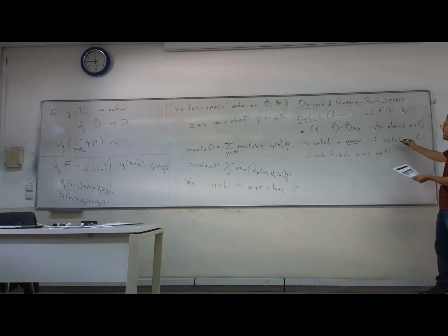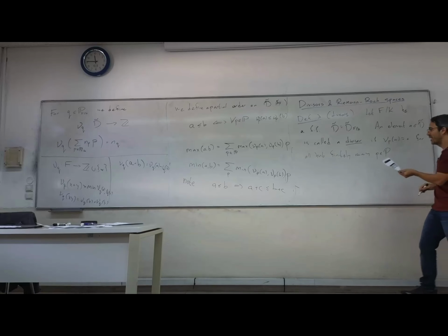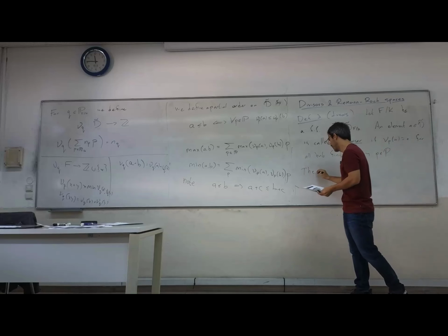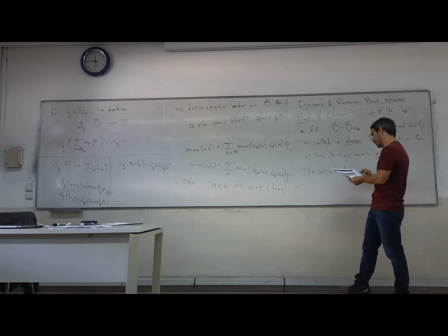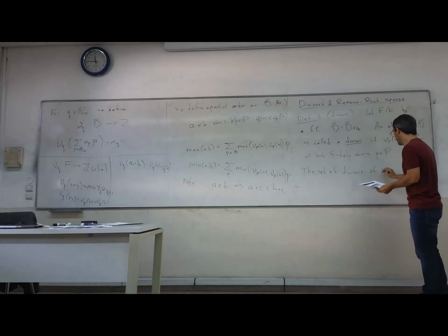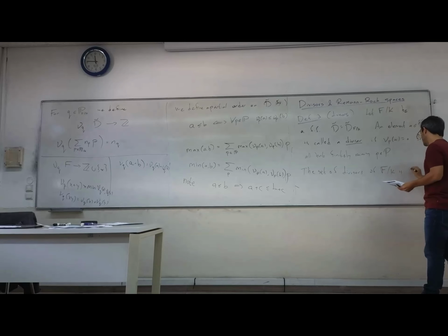We sometimes say that this happens almost always, like in Lebesgue notation. And the set of divisors of F over K is denoted. How would you denote it?